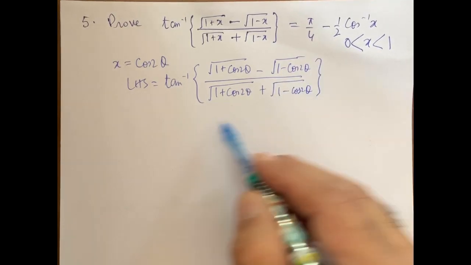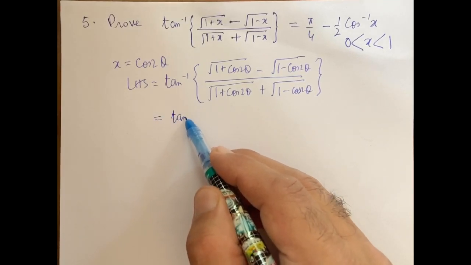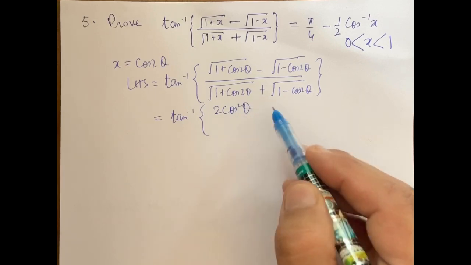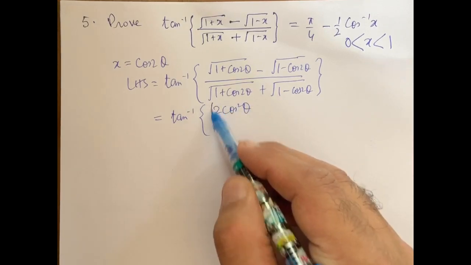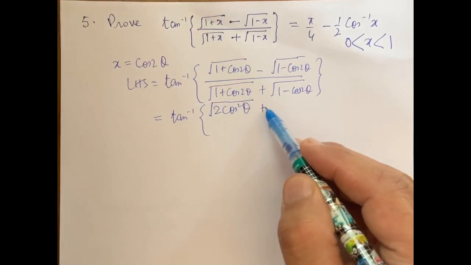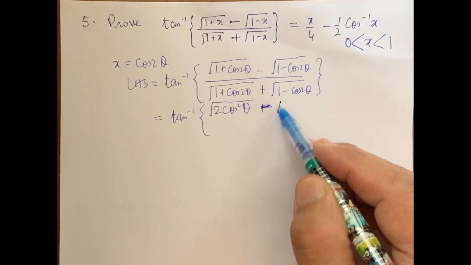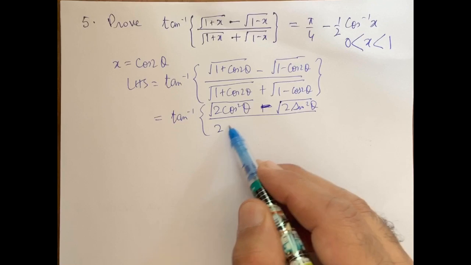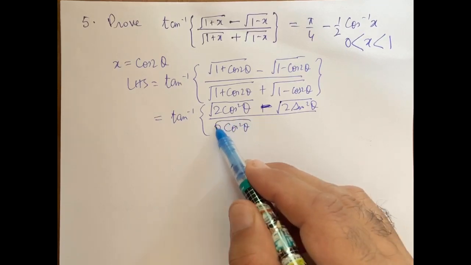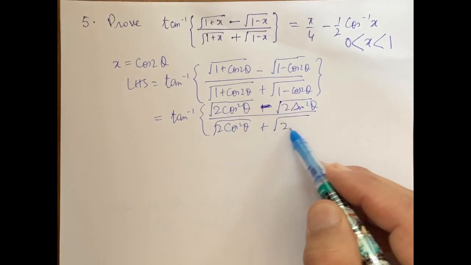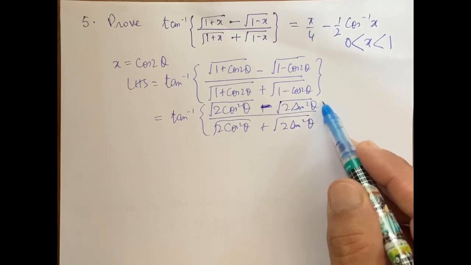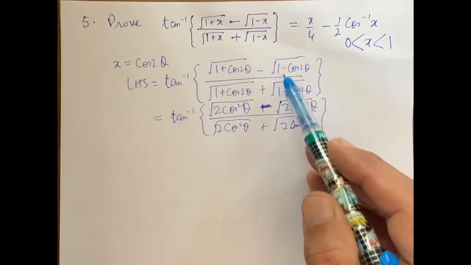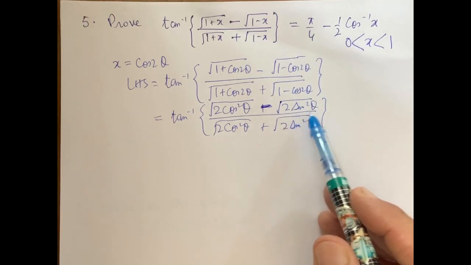This is tan inverse of root 2 cos square theta minus root 2 sin square theta upon root 2 cos square of theta plus root 2 sin square of theta, using 1 plus cos 2 theta as 2 cos square theta, 1 minus cos 2 theta as 2 sin square theta.